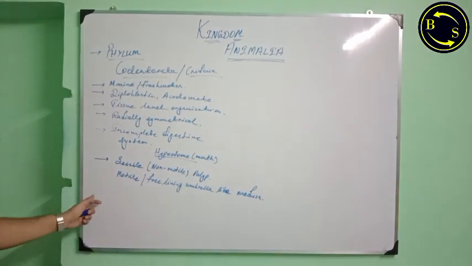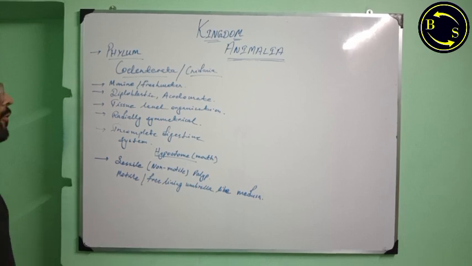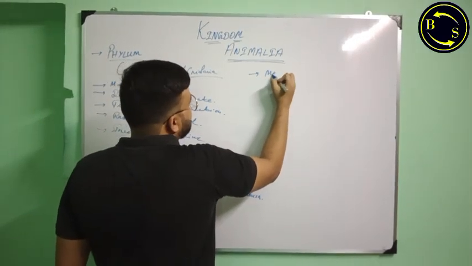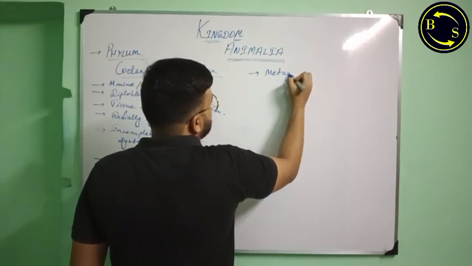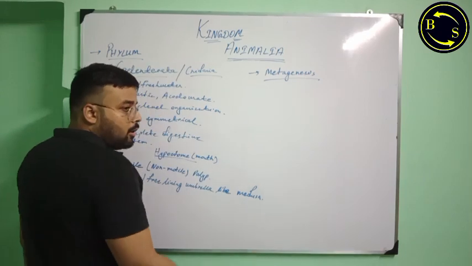And there is alternation of generations between this polyp form and medusa form, known as metagenesis, or alternation of generation.